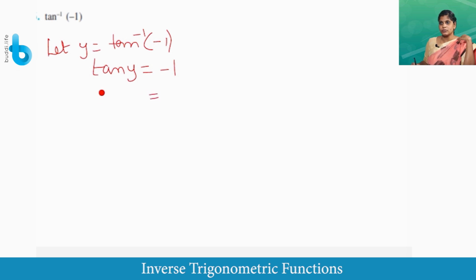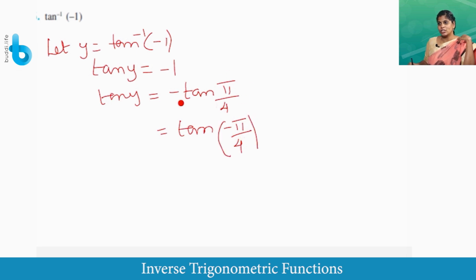So tan y equal to minus tan pi by 4, which is tan of minus pi by 4. Okay, except cos and secant, the value of angles will be negative, we will get them negative. Okay, so tan y equal to tan of minus pi by 4. Therefore, y equal to minus pi by 4.